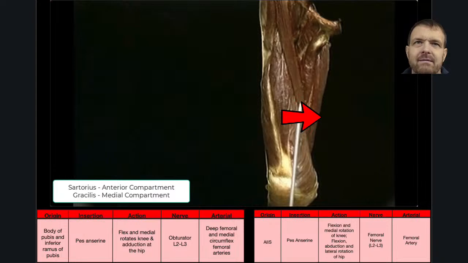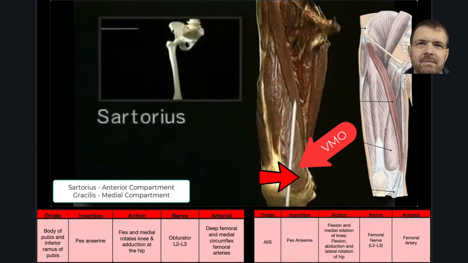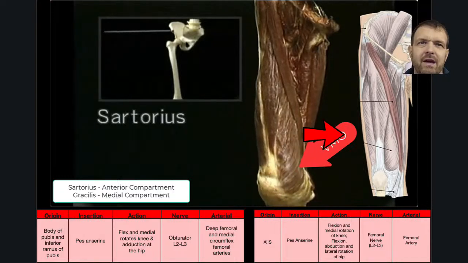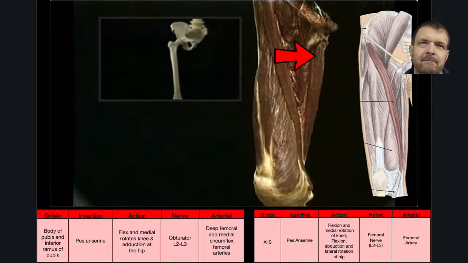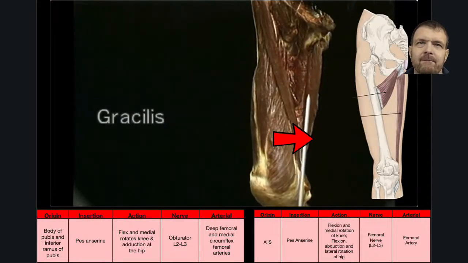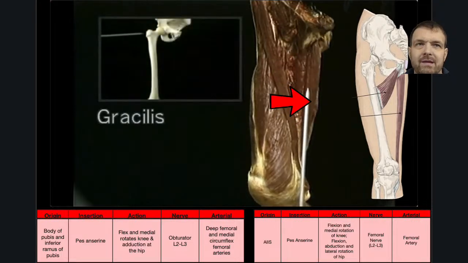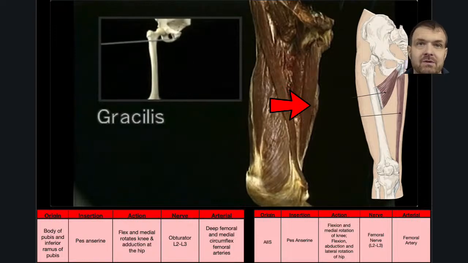So just go back again. There's your sartorius over the top. Vastus medialis just there. VMO is vastus medialis oblique, because the fibers are oblique. There's your gracilis down the side there. That's one of your most superficial adductor muscles.